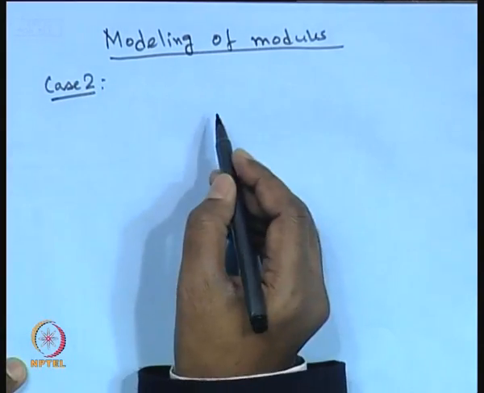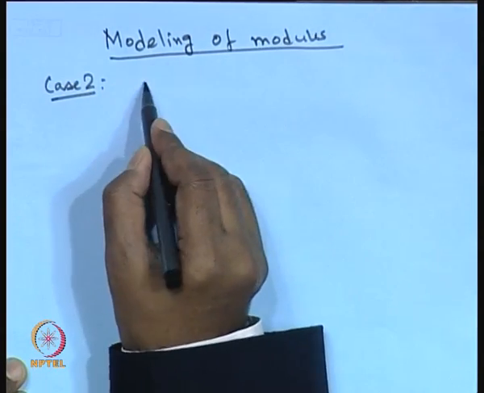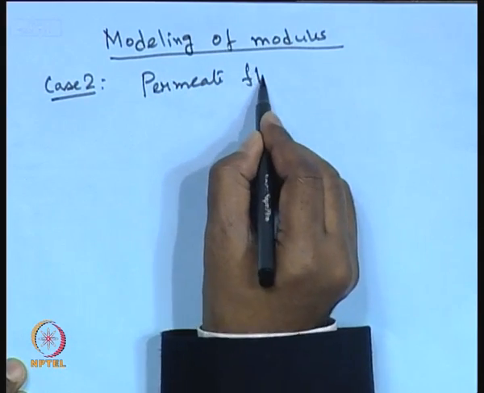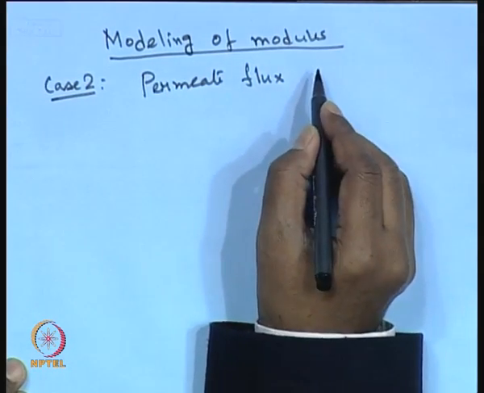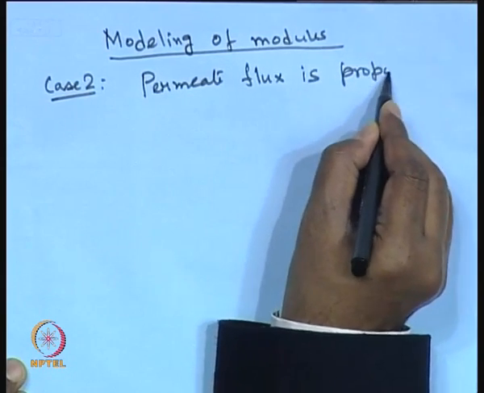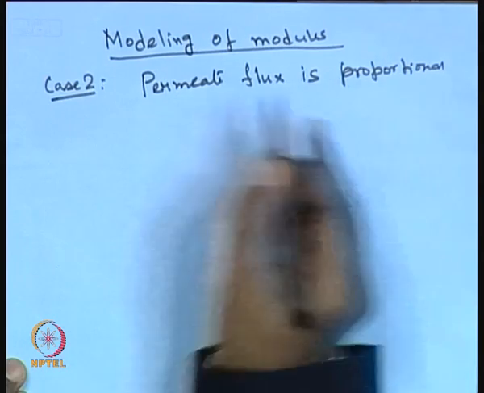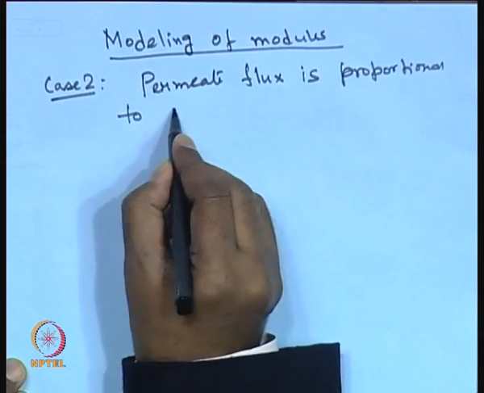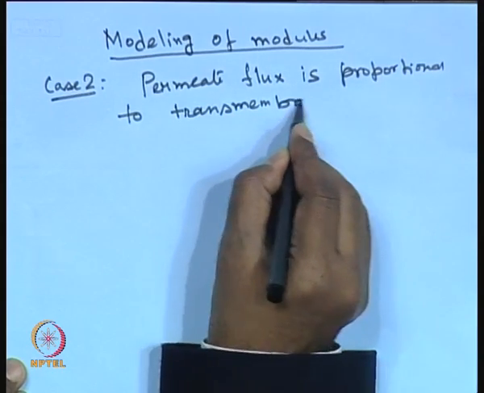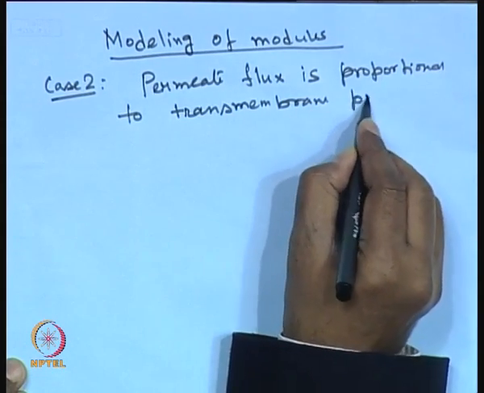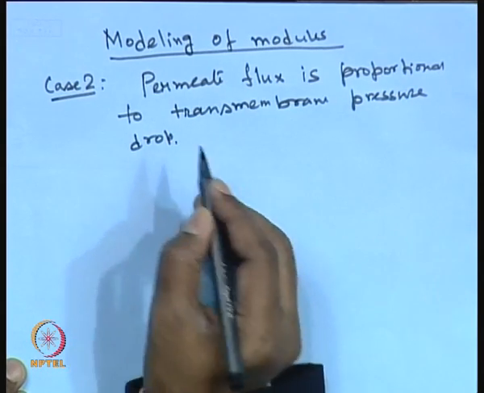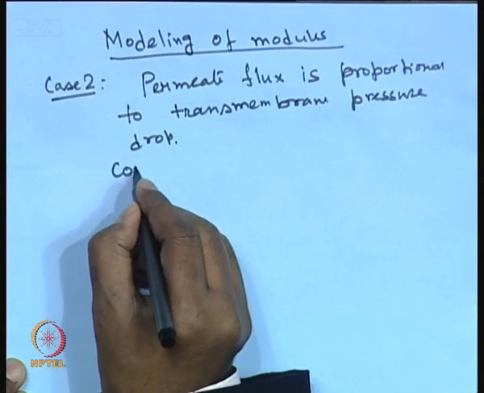In case number 2, we are basically talking about permeate flux. In the earlier case, we considered permeate flux was constant. Now we are talking about permeate flux proportional to transmembrane pressure drop, and a completely retentive membrane.